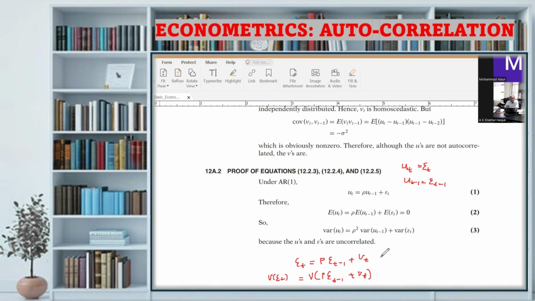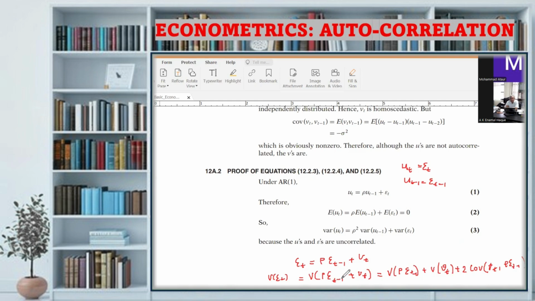The variance of this side must be equivalent to the variance of the other side, which is the variance of rho epsilon t minus 1 plus the variance of nu t plus 2 covariance of nu t and epsilon t minus 1.